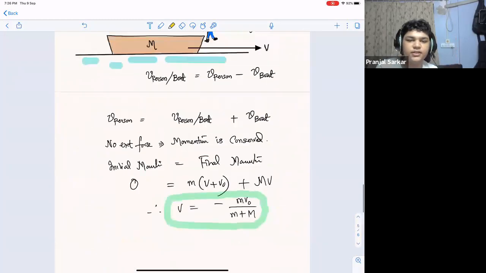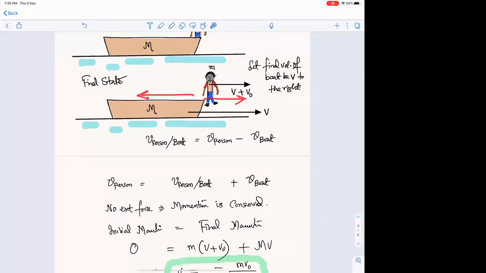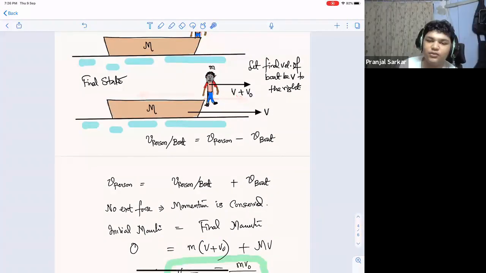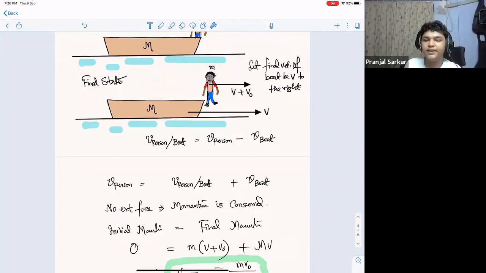Actually, the force is like this. The boat applies force this way, the person applies force this way. That is Newton's third law. But if you see the system, that means person plus the boat, there is no net external force; it is an internal force.